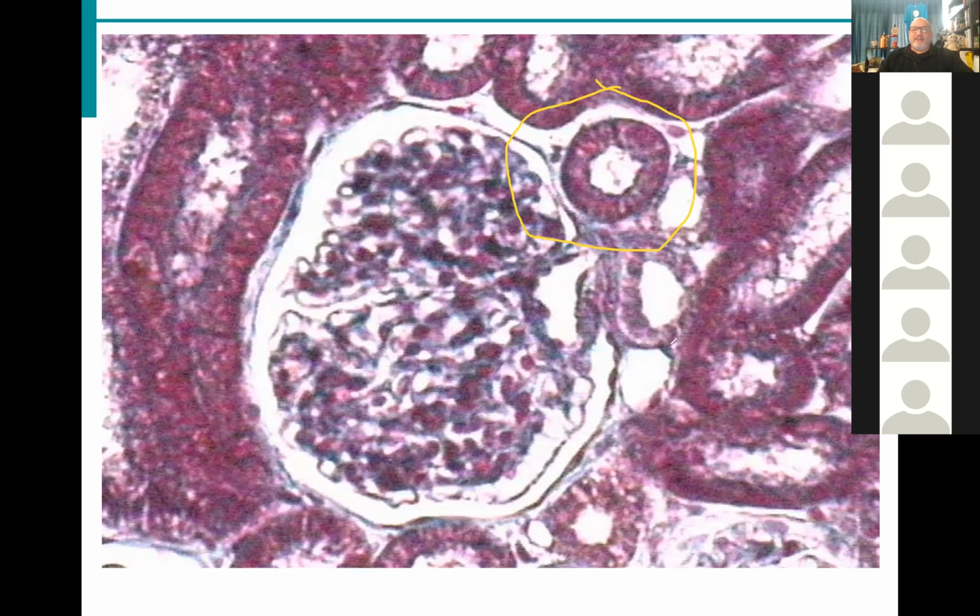Remember this big fancy looking thing we called a renal corpuscle. Guess how many places in the body you find a renal corpuscle? One. Exactly. So if you see a renal corpuscle, you know you are looking at the kidney. It's a dead giveaway because the kidney is the only place you find it.